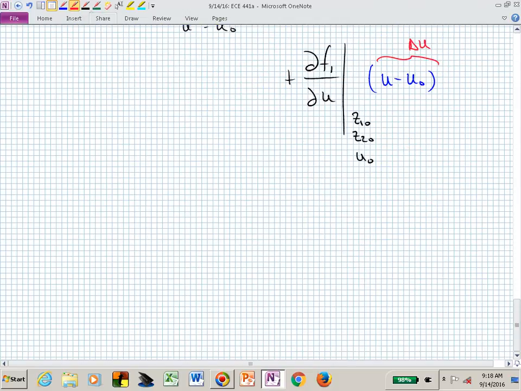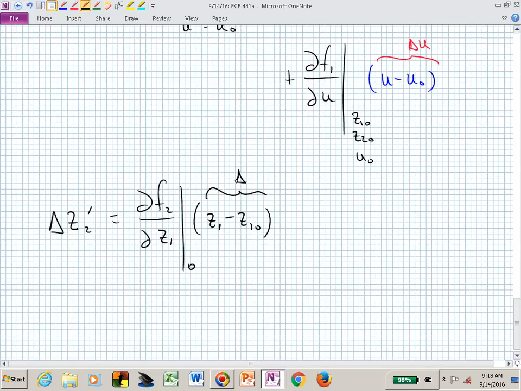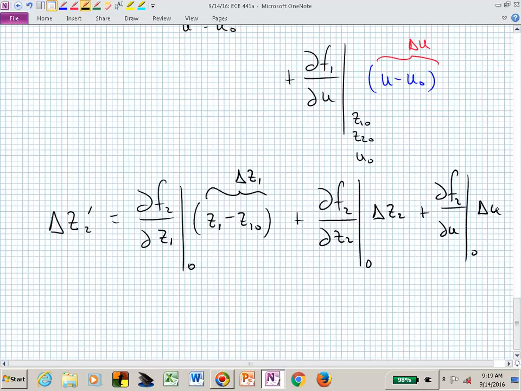Meaning, if we look for an expression for delta z sub 2 prime, that's now equal to the partial of f2 with respect to z1, evaluated at all of the nominal conditions, times z1 minus z sub 1 naught, but that's just delta z1, plus the partial of f sub 2 with respect to z sub 2 times delta z sub 2, plus the partial of f sub 2 with respect to u times delta u. That's the structure.